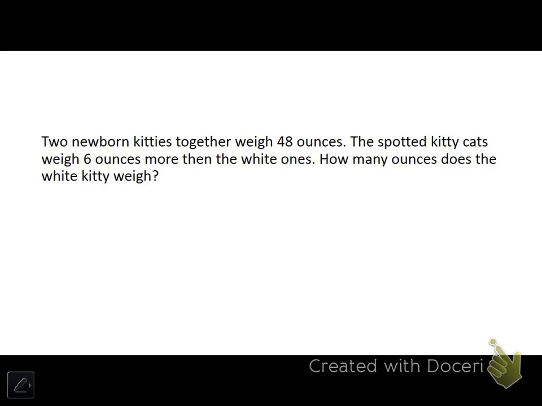Okay, 2 newborn kitties together weigh 48 ounces. The spotted kitty weighs 6 ounces more than the white one. How many ounces does the white kitty weigh? Okay, so if I have 2 cats, and I put them both together on a scale, the total is 48 ounces.